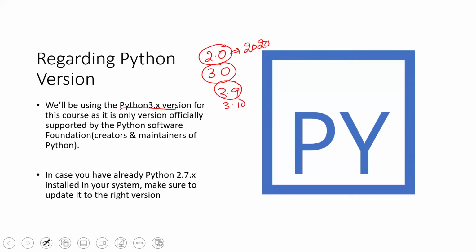Make sense? The last version they released for Python 2 is 2.7. Just make sure you use the right version. We said, why do we use Python for data science? Due to rich libraries, right? Rich libraries like PyTorch, TensorFlow, Pandas, NumPy, which we discussed.